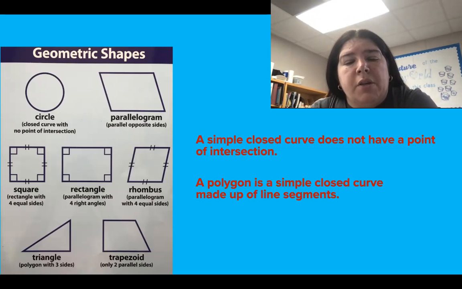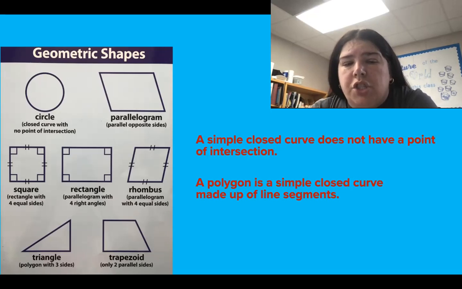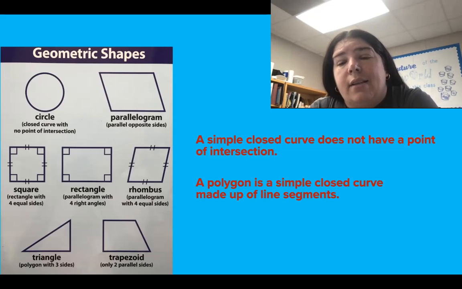A little something special about a rhombus. If you think about the rhombus, it's a polygon. It's a simple closed shape, simple closed curve, I should say. It's a parallelogram also, and it's like a square because all 4 sides are exactly the same.